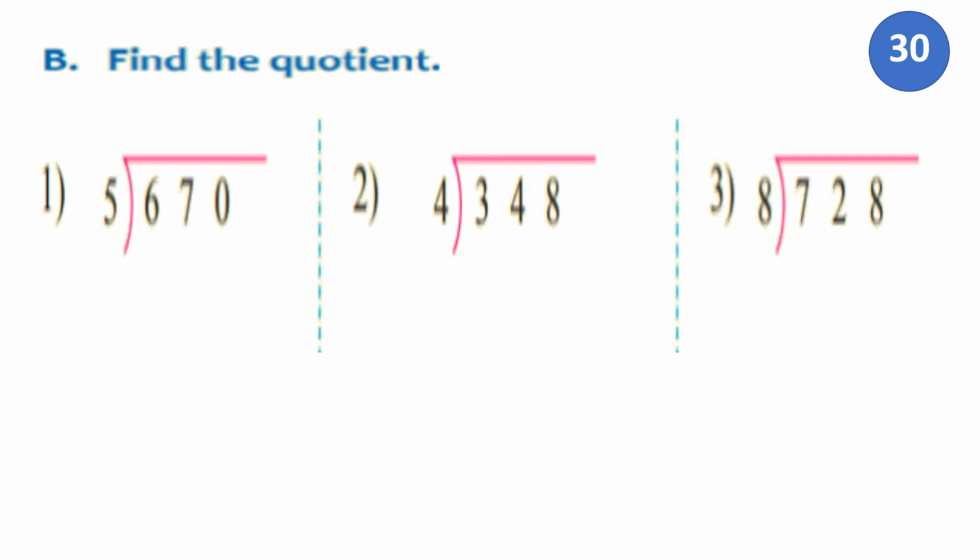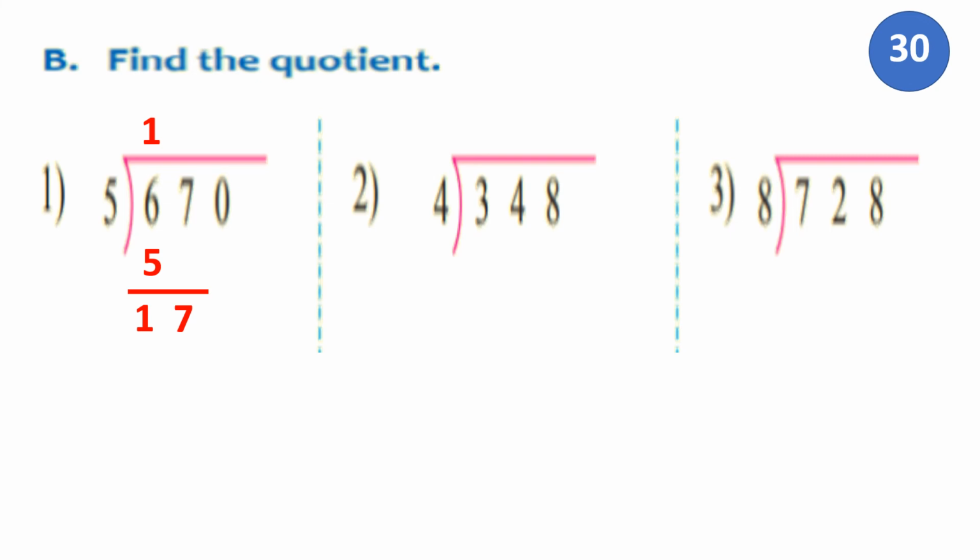You can divide 6 by 1. 5 times 1 is 5. Then you subtract. Okay, students, this is 6 minus 5 is 1. Next is 7. Bring down 7. Now you have the number here, 17.